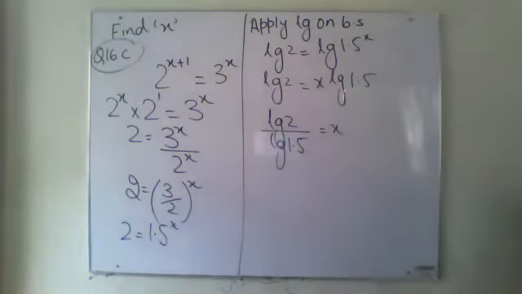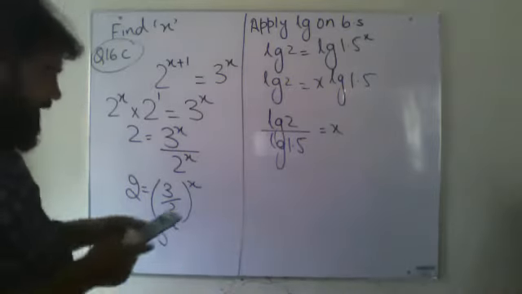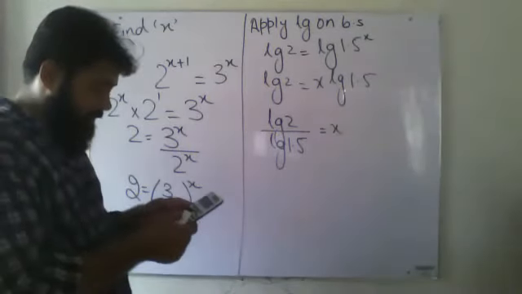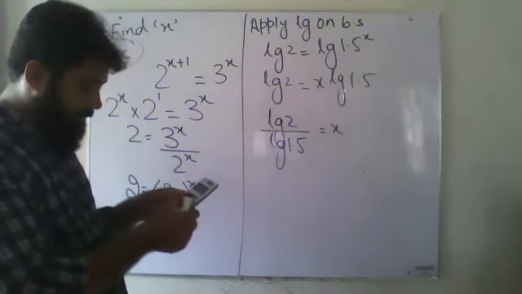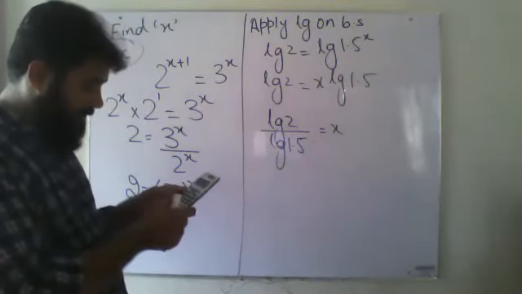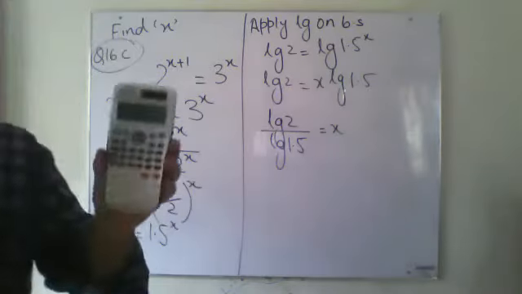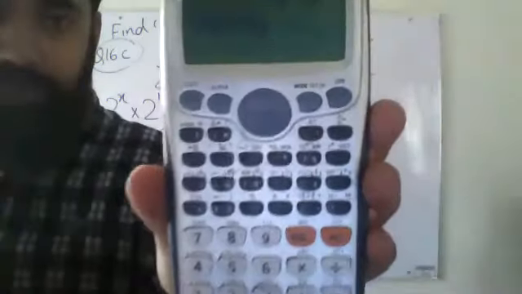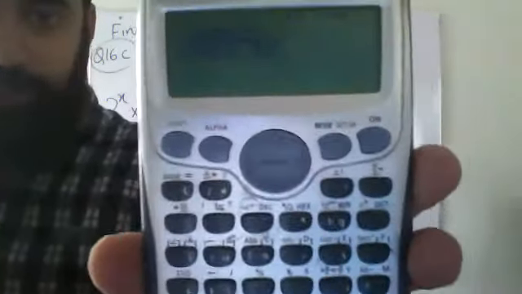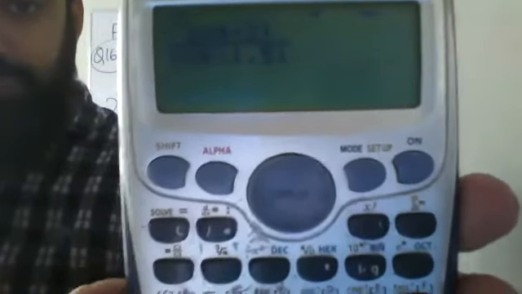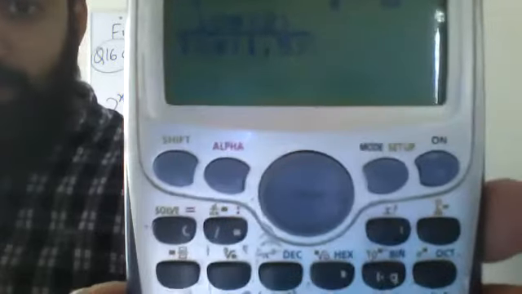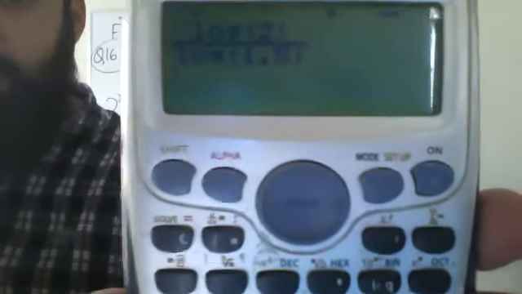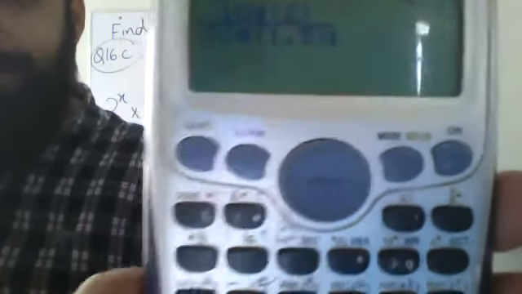And after this, when I will simplify it, now I'm using my calculator over here. LG2 over LG 1.5. See, I'm showing it in the calculator how I have written it. You guys can see LG2 over LG 1.5. I'm saying the word LG, but it is written log over log. And don't cancel log.